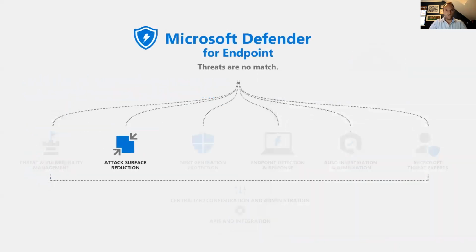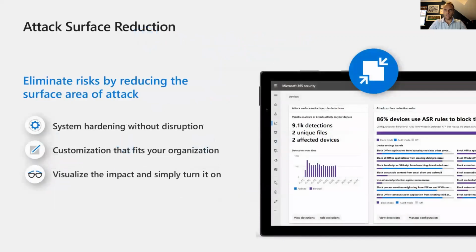So that then leads us on to attack surface reduction. Certainly an important element. If you can configure your device in a way that it's less vulnerable to attacks, that'll certainly help out moving forward. Defender for Endpoint has some great reports and tooling to help you understand where you'd have the most impact, and which attack surface reduction rules, if you turn them on, how would they impact devices in your organization.